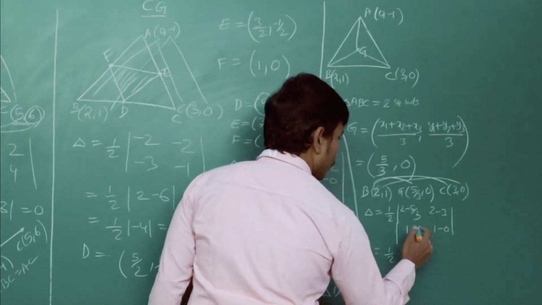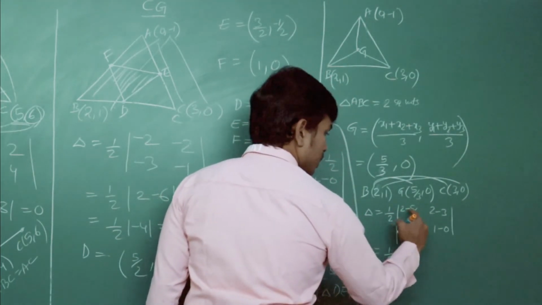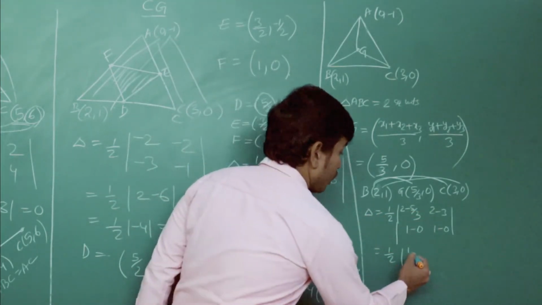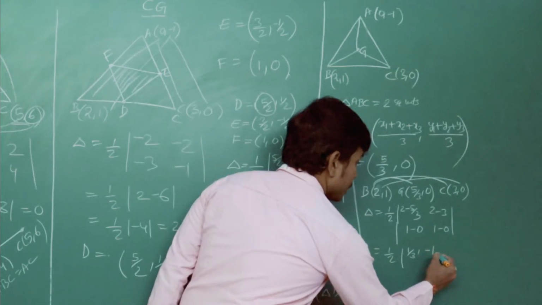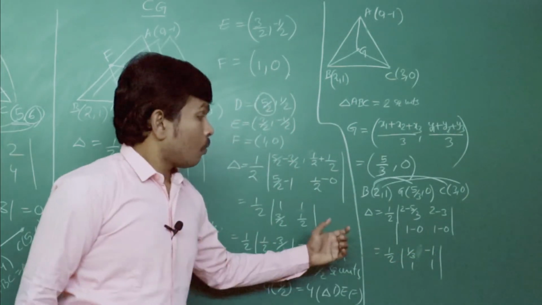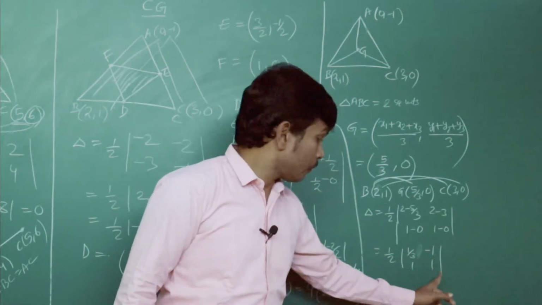1 by 2 of 3 2s are 6, 6 minus 5, 1, so 1 by 3, comma, minus 1, 1, 1.